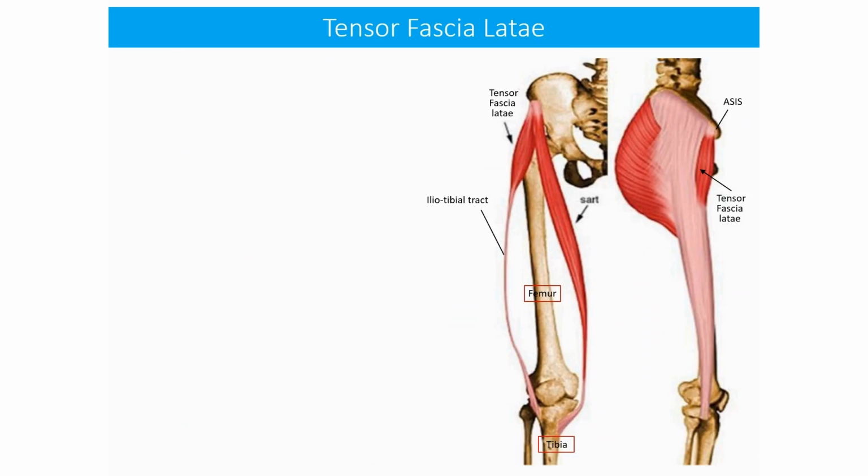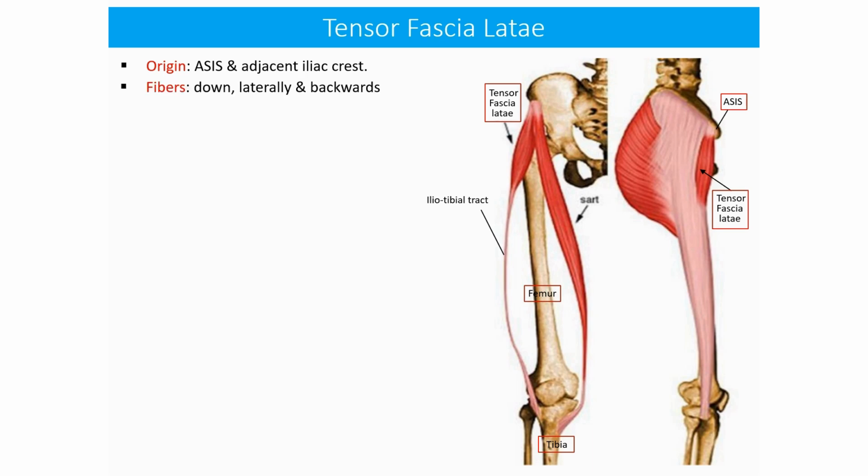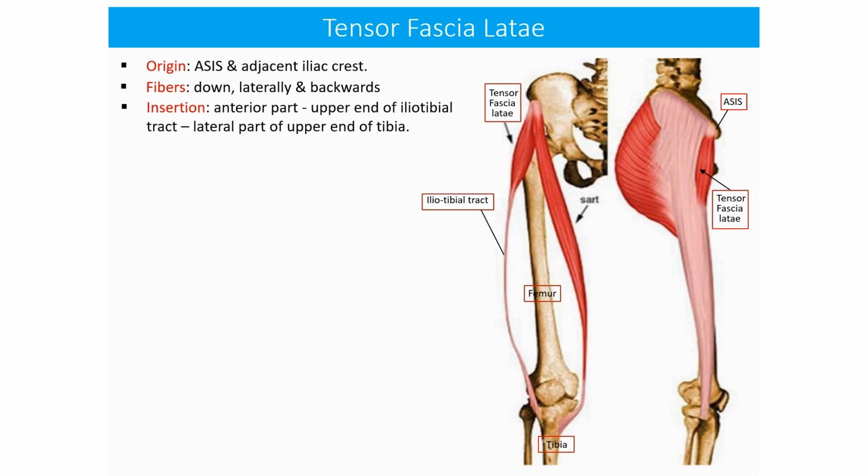The tensor fascia lati muscle gets origin from the anterior superior iliac spine and the adjacent part of the iliac crest. The fibers of this muscle travel downward, laterally, and backward and get inserted into the anterior part of the upper end of iliotibial tract.